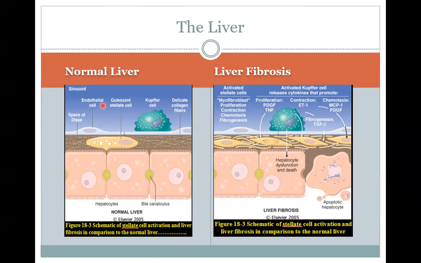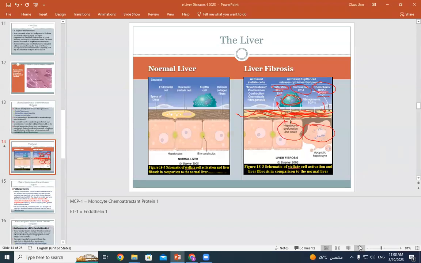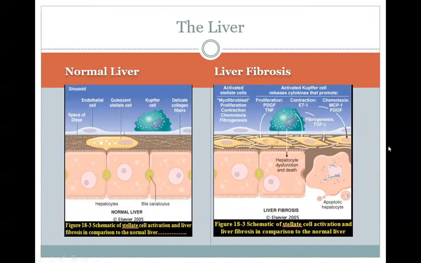So you will see that it's going to release chemotaxis factors such as MCP1, monocyte chemoattractant protein 1, and the PDGF, the platelet-derived growth factor, that are going to attract actually more platelets, are going to attract other inflammatory cells to the site of damage.